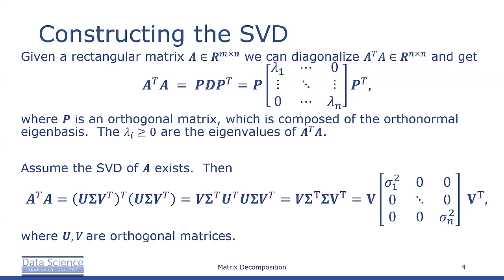The spectral theorem tells us that the eigenvectors of a symmetric matrix form an orthonormal basis, which also means it can be diagonalized. Moreover, we can always construct a symmetric positive definite matrix A transpose A from any rectangular matrix A. Thus, we can always diagonalize A transpose A and form A transpose A equals PDP transpose, where D is a diagonal matrix consisting of eigenvalues.